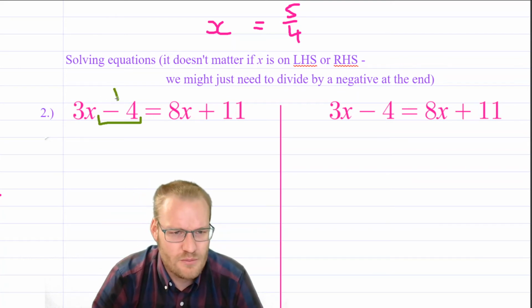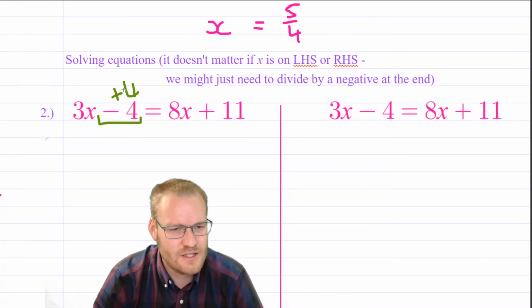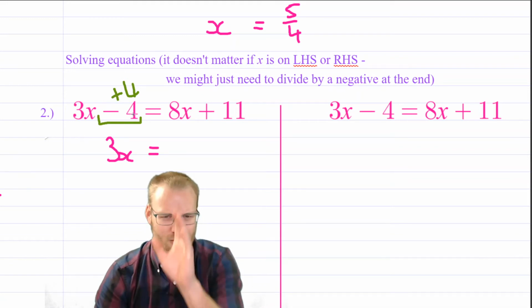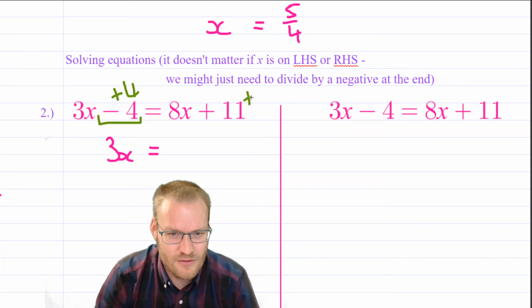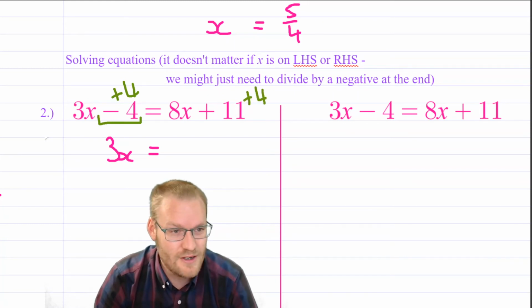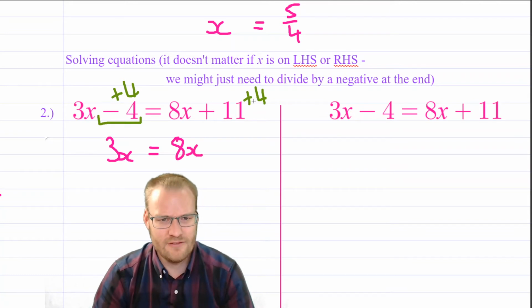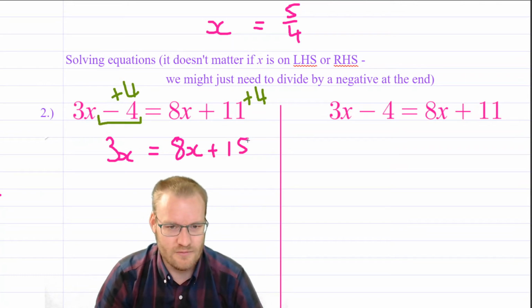Well, we can just plus 4, because minus 4 plus 4 gives us 0, so we'd just be left with 3x on the left hand side. Whatever you do on one side, you do on the other. So on the right hand side, 8x is still 8x, and 11 plus 4 gives us 15.